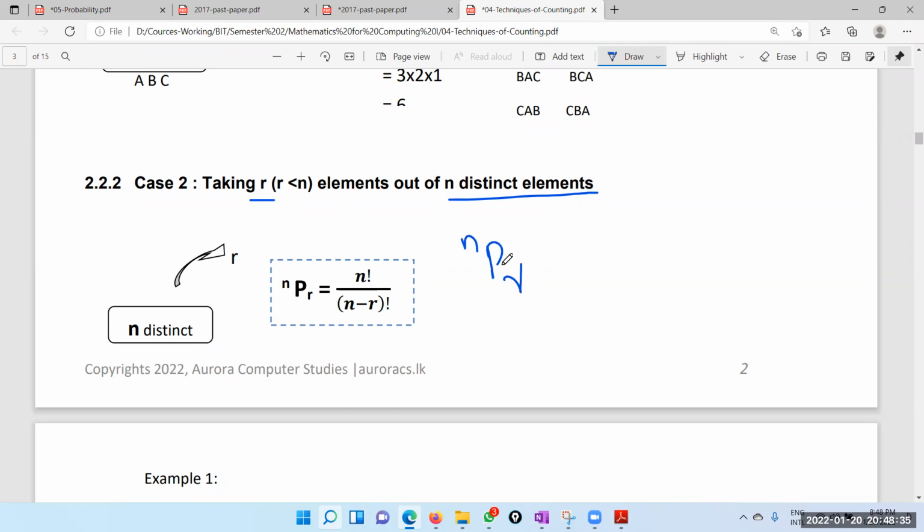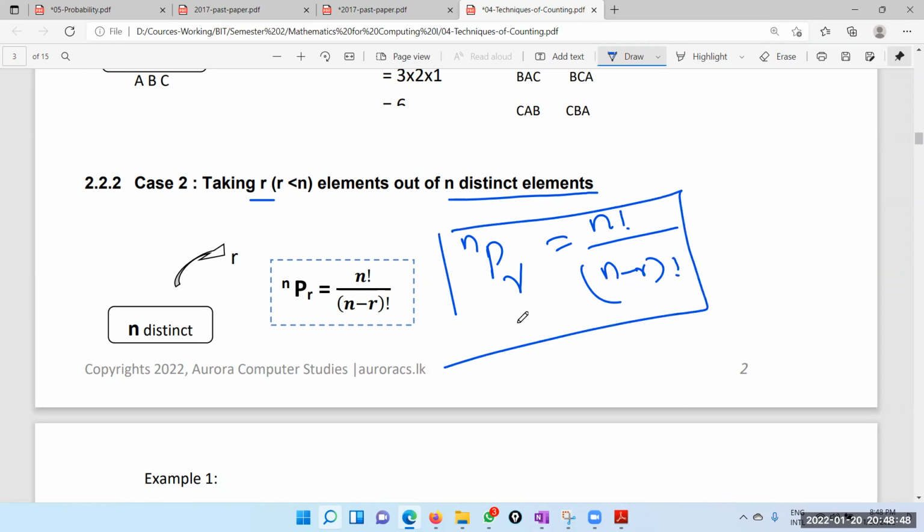Out of n elements, we take r elements and arrange linearly. That is factorial n divided by factorial n minus r. That is the second formula. We have to remember a few formulas.